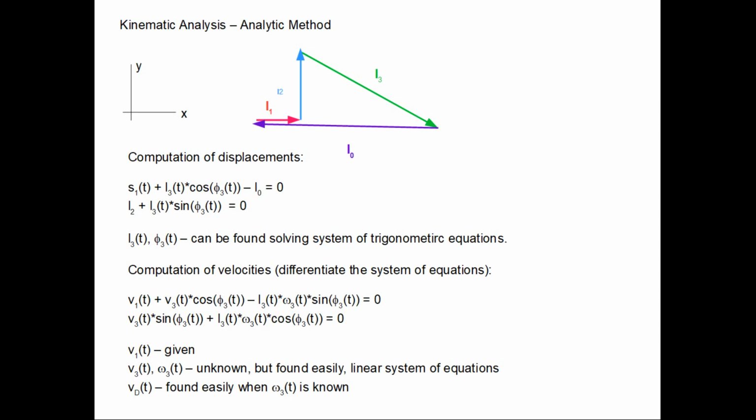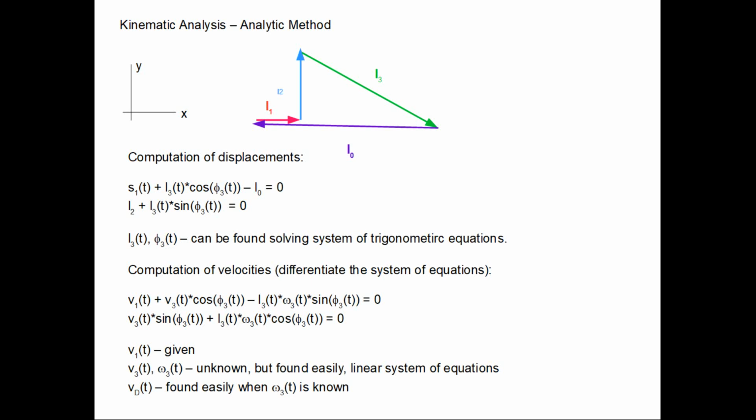And in these equations, v1 of t is given to us. As you can see, there are computed differentiated velocities. Maybe I just analyze the first equation. S1 of t plus L3 of t times cosine phi3 of t minus L0 is equal to 0.